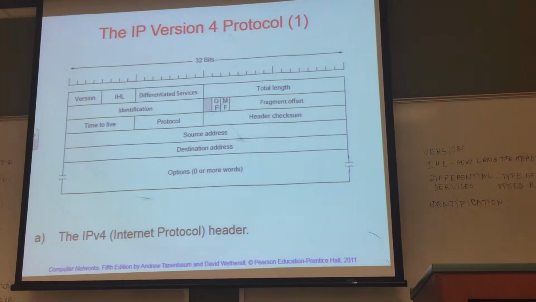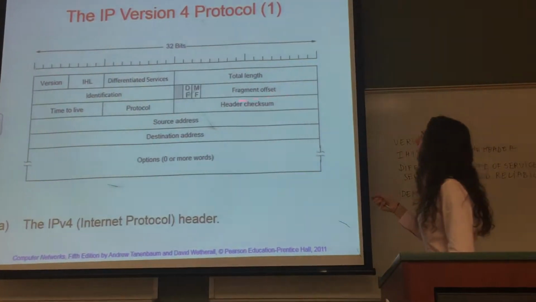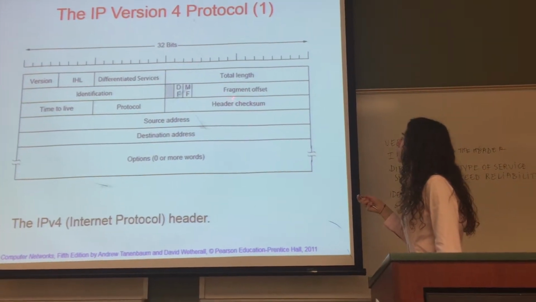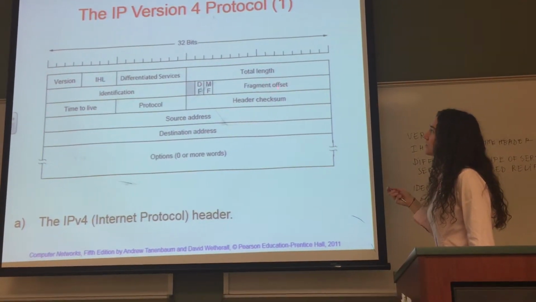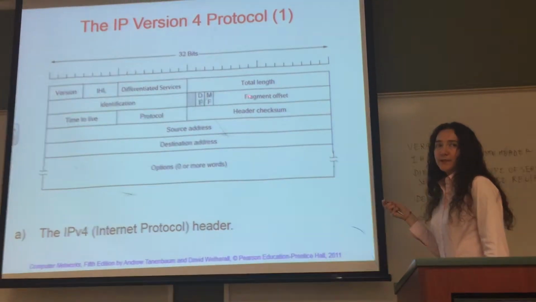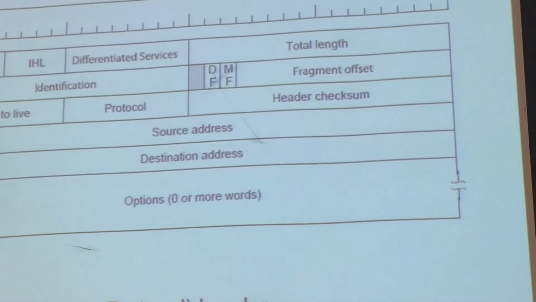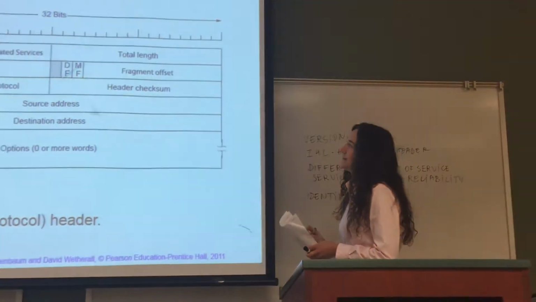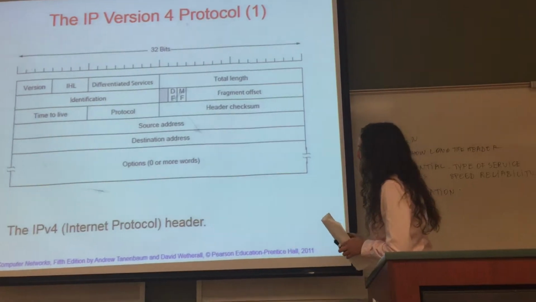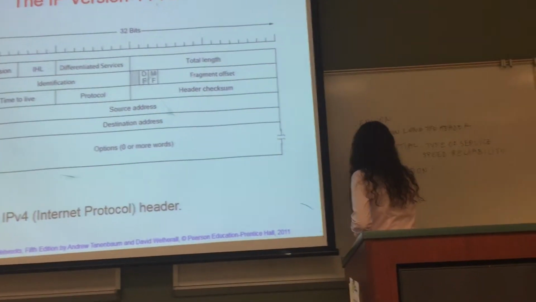And then the fragment offset will tell where in the original packet this fragment belongs to. Is it in the beginning, is it in the middle, is it in the end, or where is it? Fragment offset.